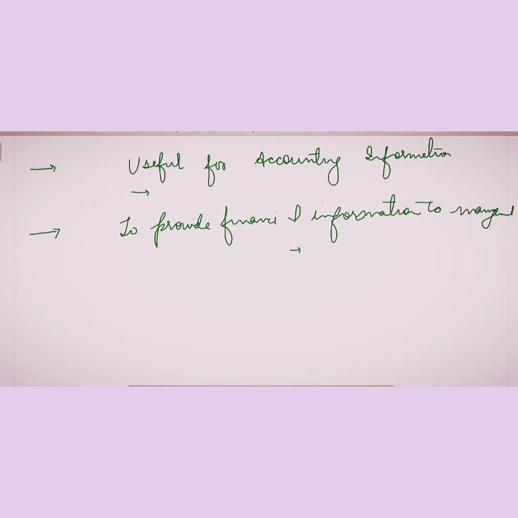It helps to provide information to management, because on this basis they can take the right decisions, and it helps in budgeting or forecasting for the future on the basis of previous or historical transactions and events. So these are all the objectives of accounting.